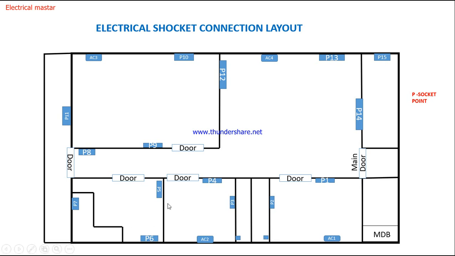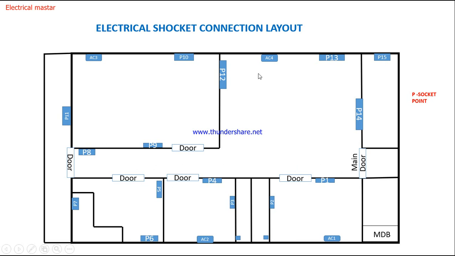Similarly in the kitchen we are giving three power sockets, and in another room two power sockets and one AC, and in the hall one AC and three power sockets. At the main door one power socket, at the exit door one power socket, and in the corridor one power socket.